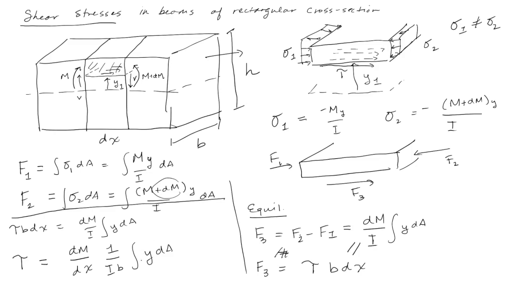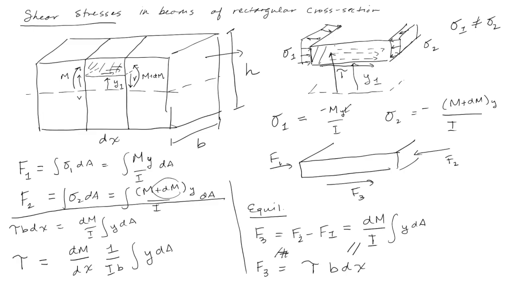Now remember, this y here comes from these y's here. These y's are measuring up into this block above where we're measuring the stresses. We're measuring the stresses at y1, but this y that ends up in this equation is up in the block above y1.